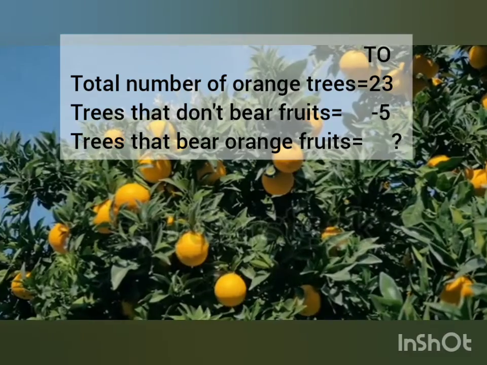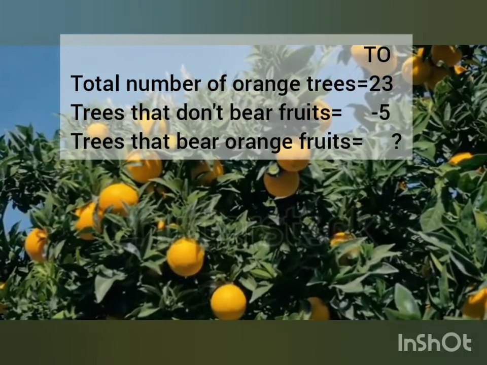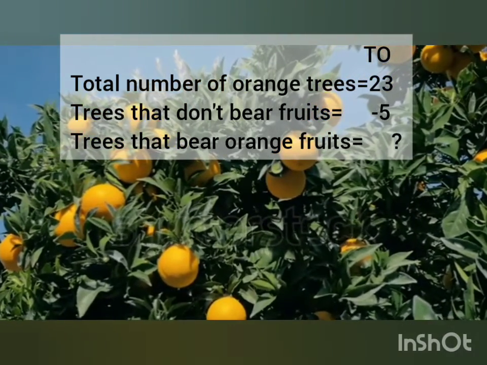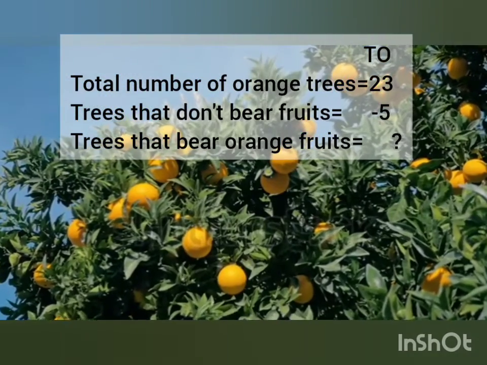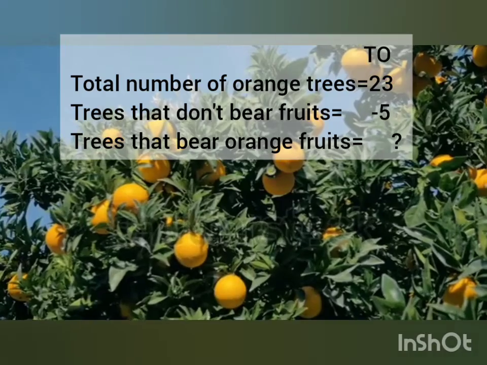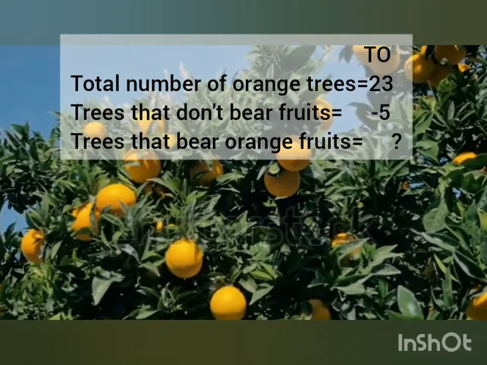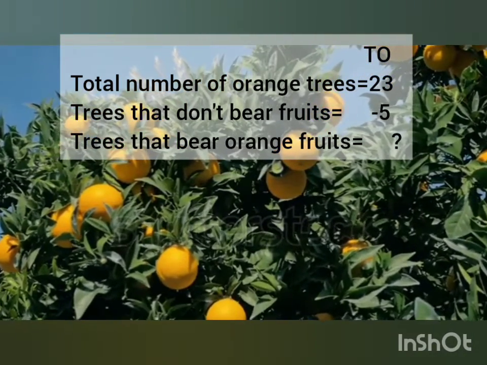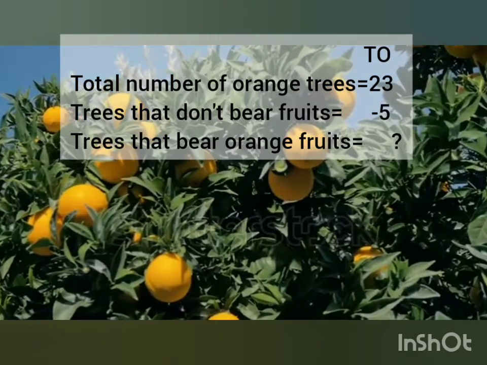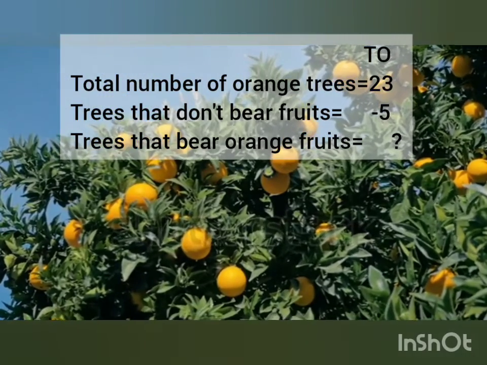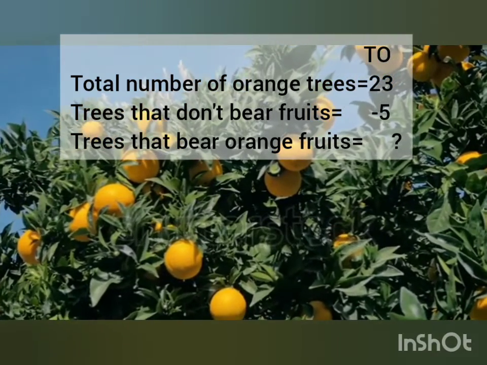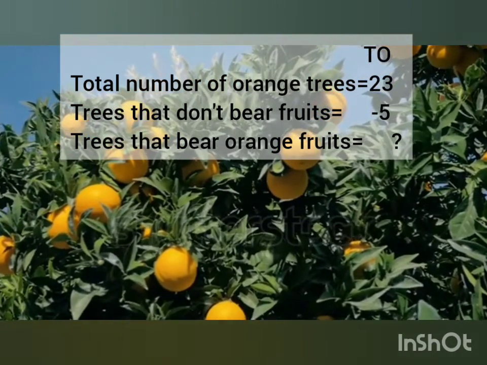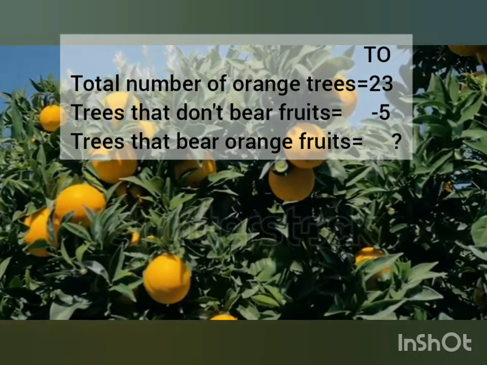So, kids, total number of orange trees equals 23. Trees that don't bear fruits or oranges equals 5. So, if we want to find out the number of trees that bear orange fruit, again we need to subtract. So let us see how to subtract these two numbers.